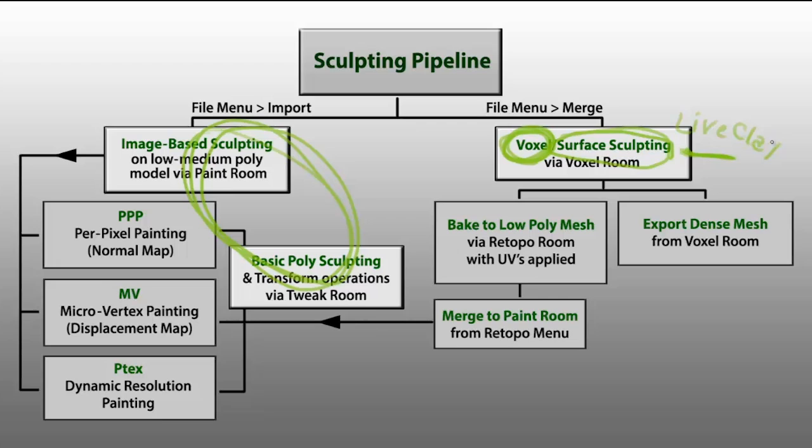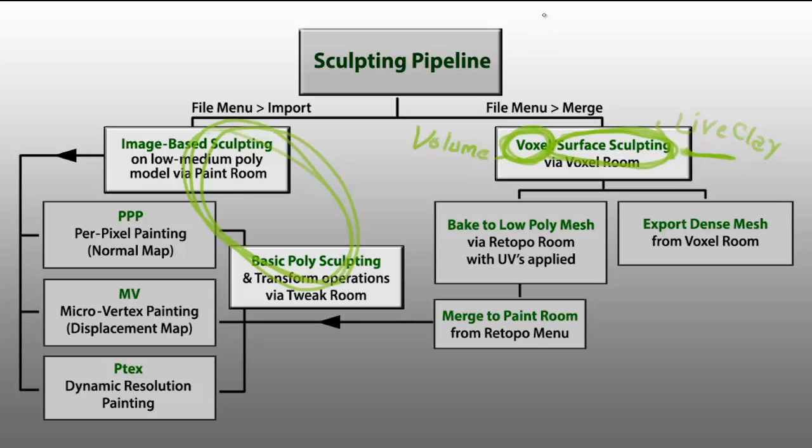So you have volume, and then you have just geometry or polygons being pushed around, and you can switch back and forth interchangeably. However, once you start working with live clay and you've dynamically tessellated, it may be best to stay in surface sculpting mode, but nevertheless the tools all exist in the same workspace.